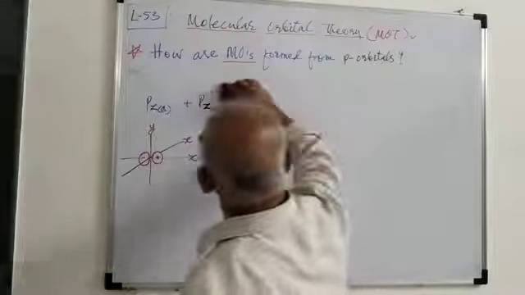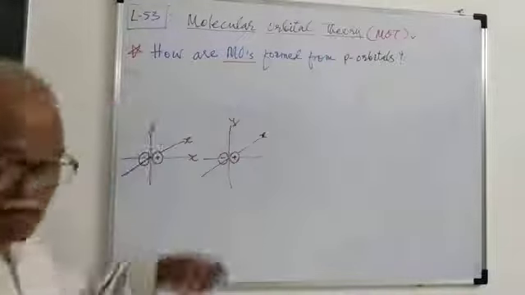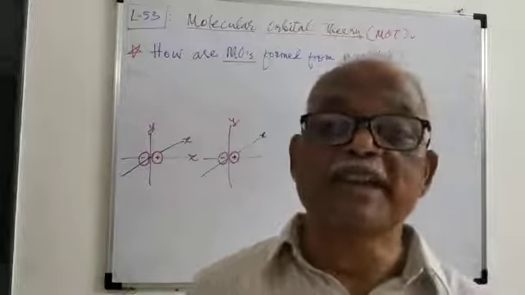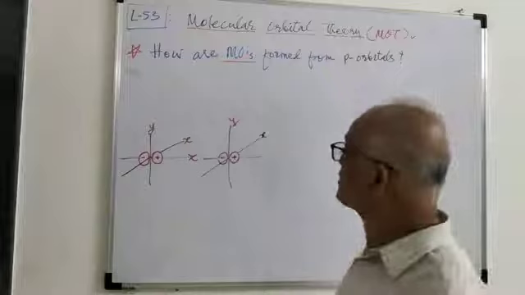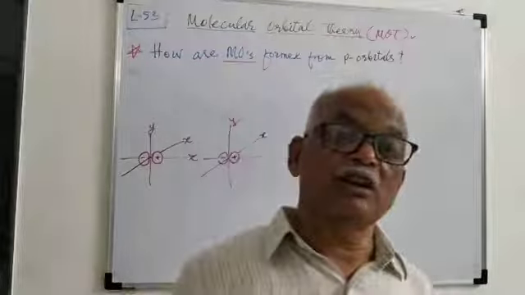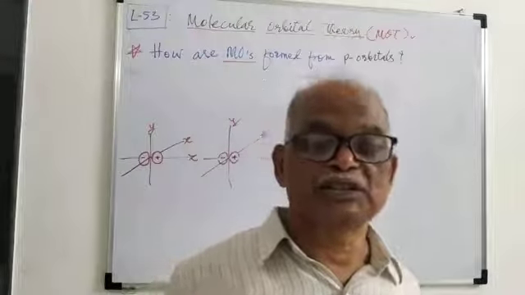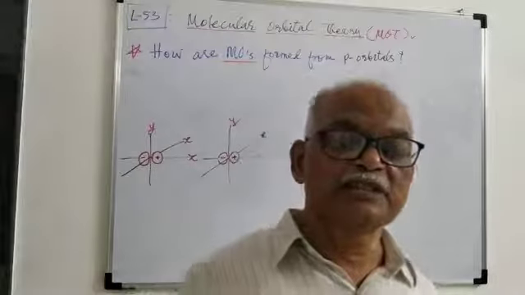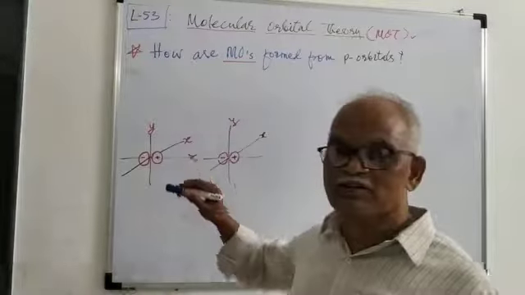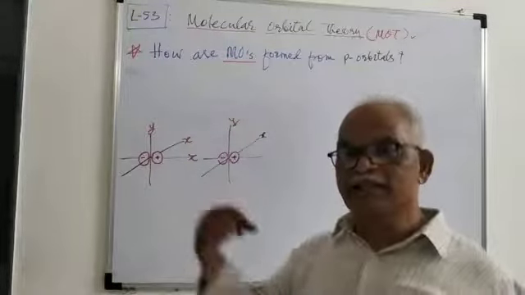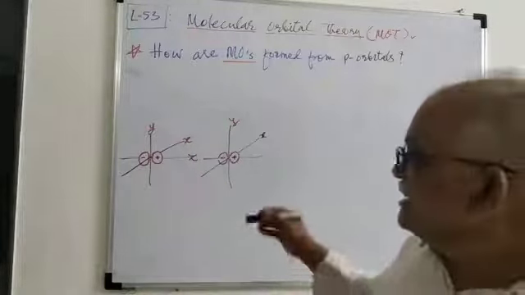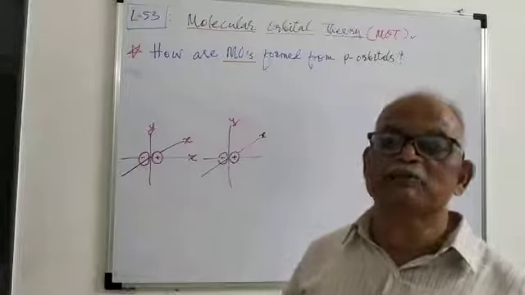First of all, we will see why we have chosen the z axis as the internuclear bonding axis for linear combination. The s atomic orbitals that undergo linear combination are studied easily because there is not much complication. But as we switch over to p orbitals and d orbitals, the linear combination of atomic orbitals becomes more and more complex.